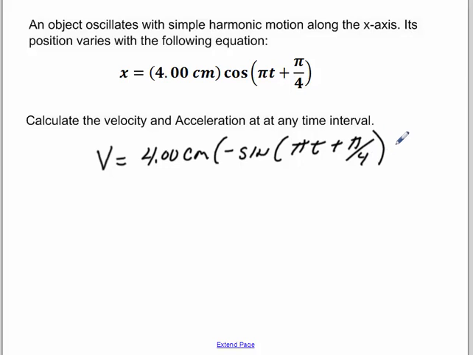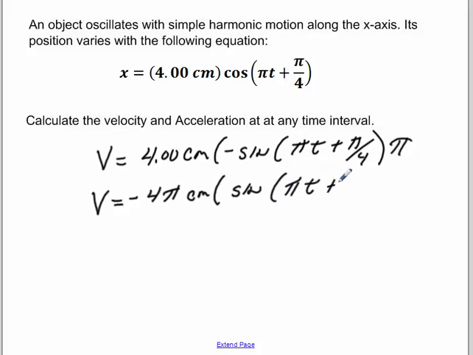We will take the derivative inside here, which is going to give me the value of pi, and I will end up with the velocity equation equal to minus 4 pi, times the sine of pi t plus pi divided by 4. Those units will be in centimeters per second. I'll go ahead and take that out right here since I'm putting the units at the end.